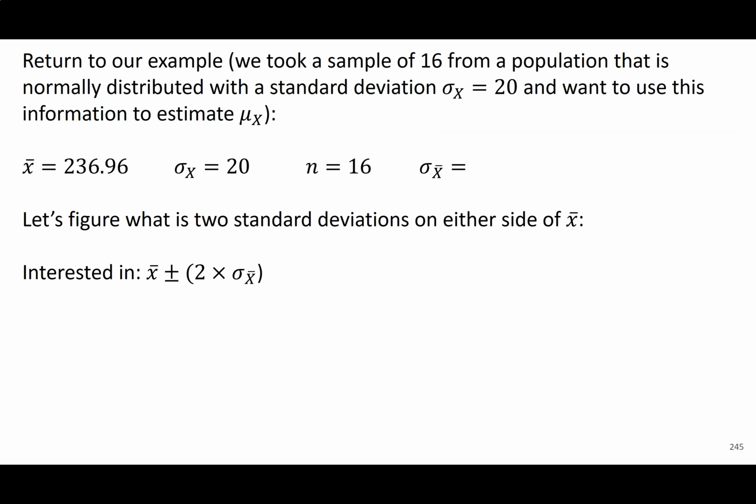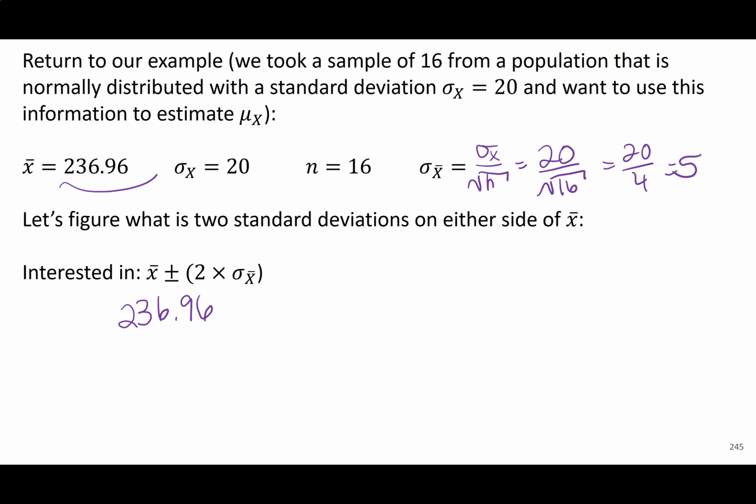So here, we did this already. Sigma of x bar is sigma over root n. It's 20 over square root of 16. It's 20 over 4, which is 5. So we want to figure out what's 2 standard deviations on either side of x bar. So 236.96, that's our starting point.